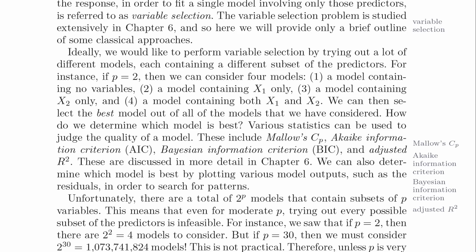These include Mallow's Cp, Akaike information criterion, the AIC, which is the one I'm most familiar with, Bayesian information criterion, BIC, and adjusted R-squared. These are discussed in more detail in chapter 6, where we do variable selection. We can also determine which model is best by plotting various model outputs, such as the residuals, in order to search for patterns.